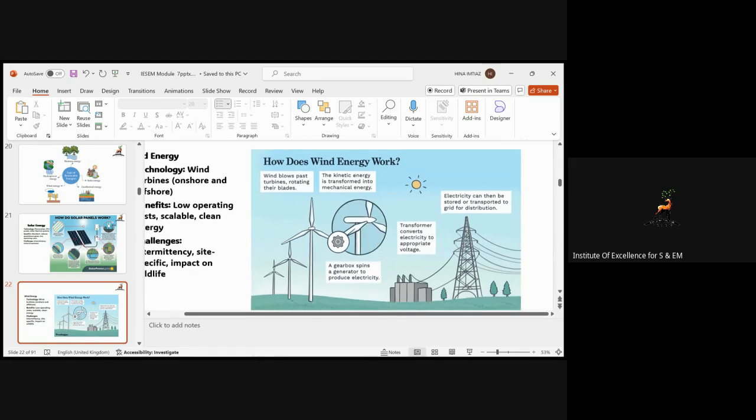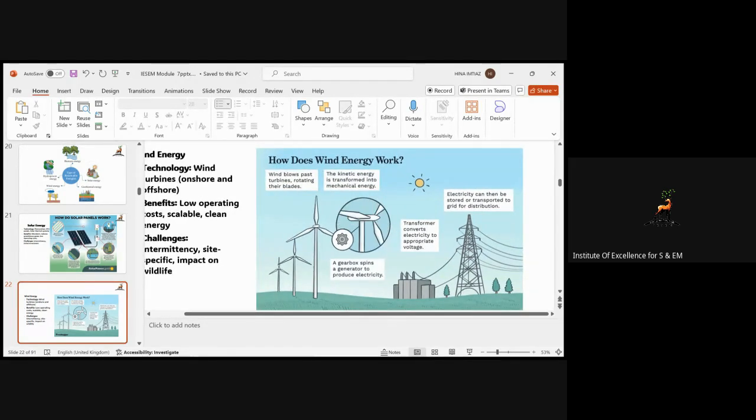And again, you can say that a gearbox spins a generator to produce electricity. Sometimes we use direct attachment of the spin to the generator. Sometimes we use the gearbox.